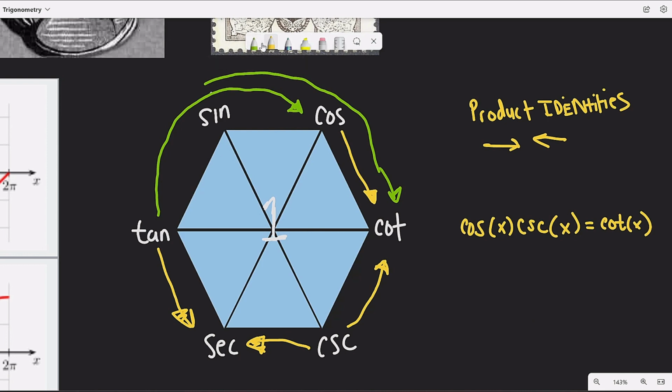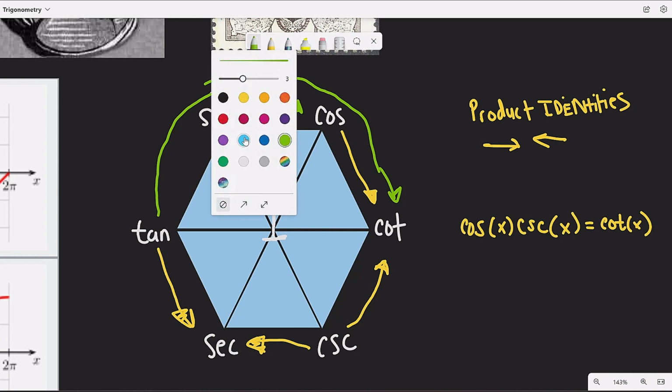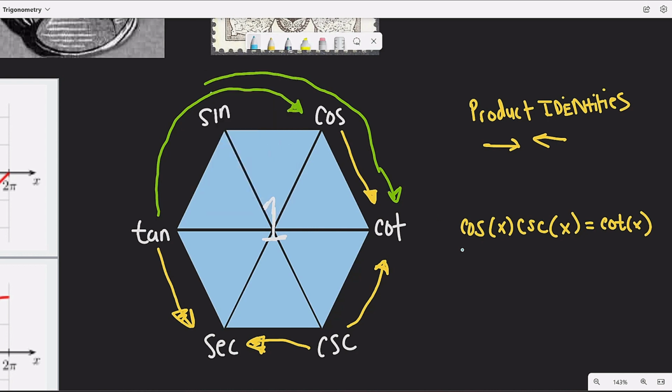We can know our reciprocal identities, which are just a down arrow, or just one arrow to remember it.